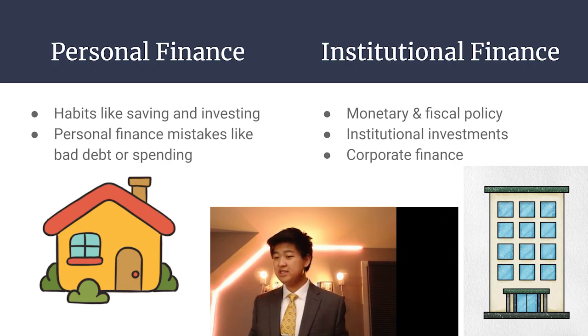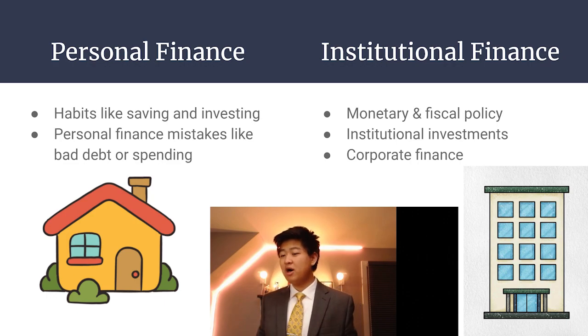Now, in institutional finance, you should understand the concepts of monetary and fiscal policy, where monetary policy is the policy of interest rates and the supply and cost of money, and fiscal policy is government policy when it comes to how the government spends money and how the government receives money, like taxes.